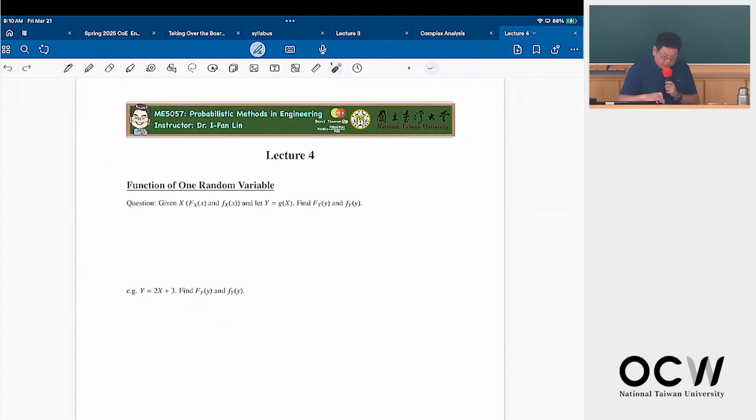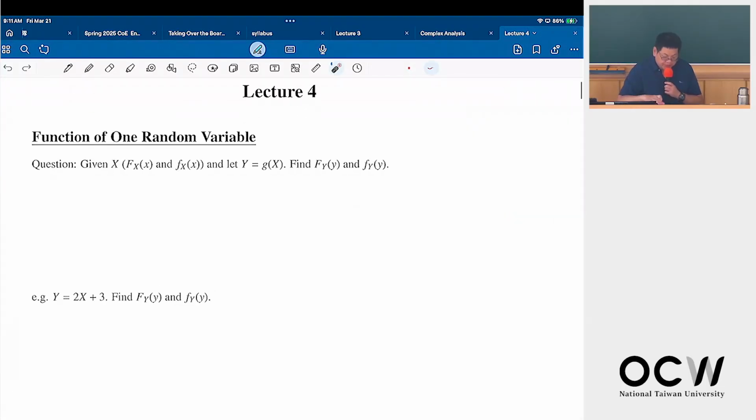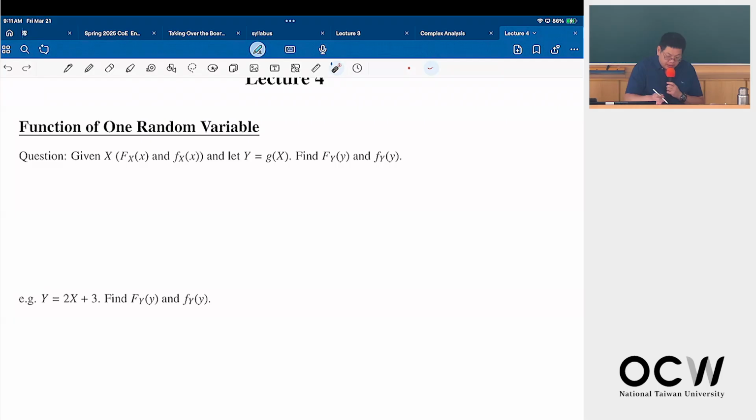Today we focus on function of one random variable. And then later on we may talk about multi-random variables, which means more than one. We have 2 random variables. First, let's see this question. Given x, this is a random variable.